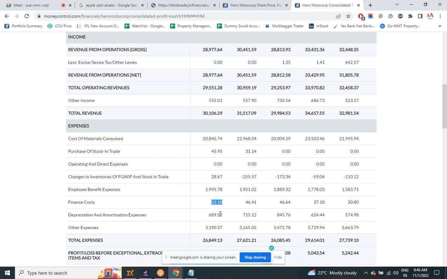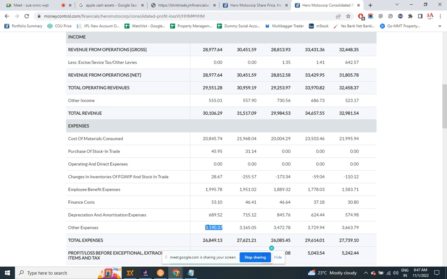Accordingly only you can depreciate it. So there is a loss of value of assets, mainly electronics and vehicles, which is 690 crore. And other expenses. Other expenses may include your power bill, may include your rent, may include your transportation cost, may include a fire in the factory.